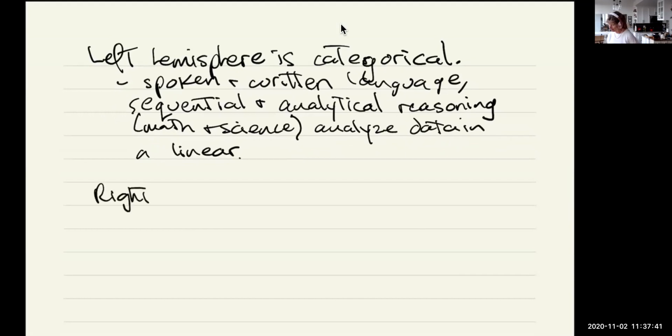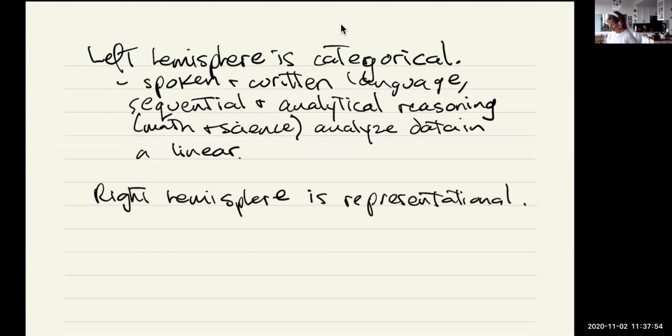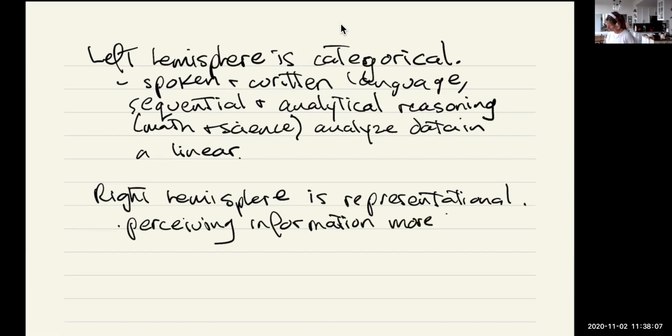The right hemisphere is more representational. So perceiving, for example, information more holistically, in a more abstract fashion.